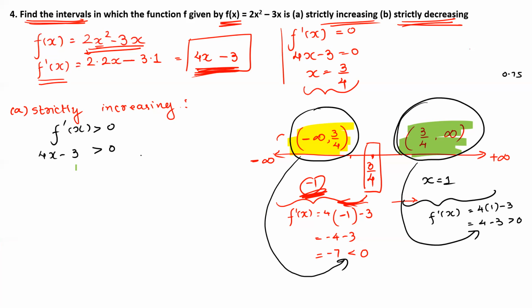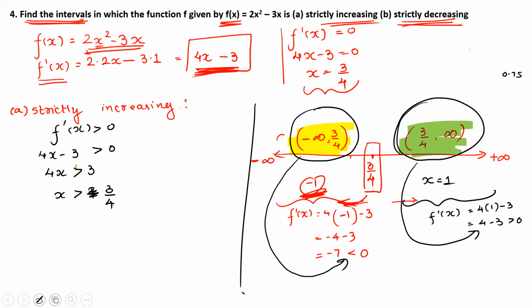So that means 4x minus 3 greater than 0. On both sides we add 3, so 4x greater than 3. Then we divide both sides by 4, so x is greater than 3 by 4.